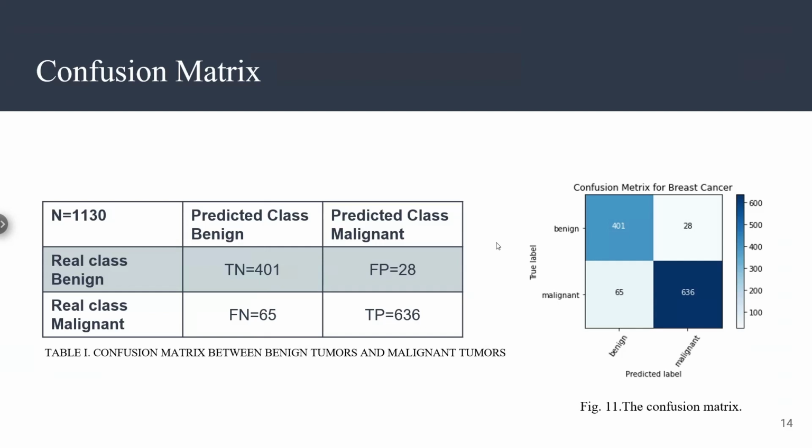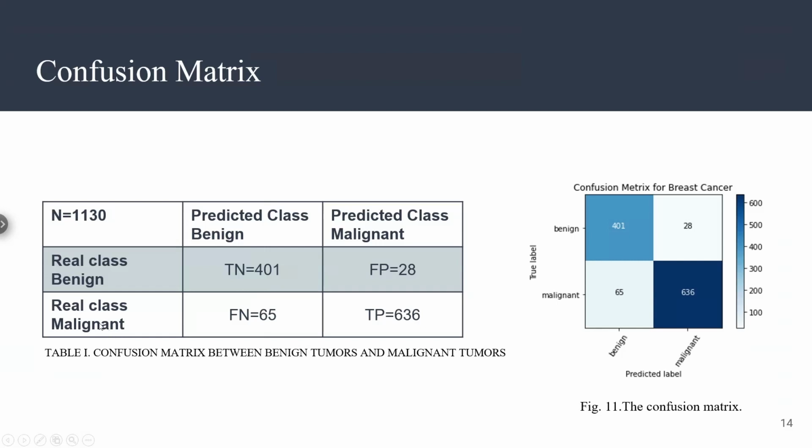So following the classification report, we also do the confusion matrix. This table is the confusion matrix between benign and malignant tumors. As you can see, the first row is our predicted label between benign and malignant tumors, and the first column is our true label between benign and malignant tumors.